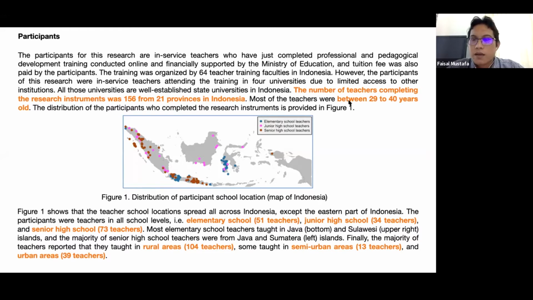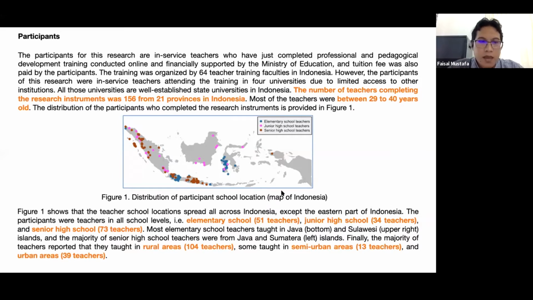And then the ages, they are between 29 to 40 years of age. And here the author also presents their locations in a map. It is very easy to see that the participants are spread across all parts of Indonesia.